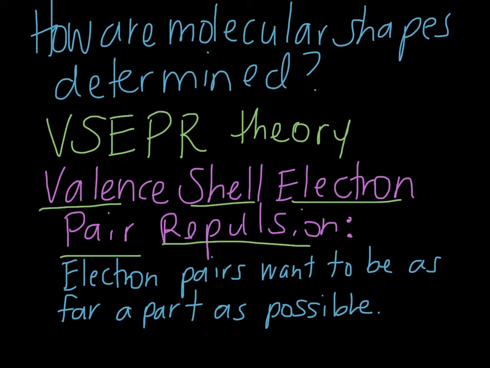Electron pairs want to be as far apart from each other as possible. That's because electron pairs are negatively charged. A negative does not want to be close to a negative because same charges do not attract. So because of that repulsion, molecules have particular shapes. So let's look at an example of that.